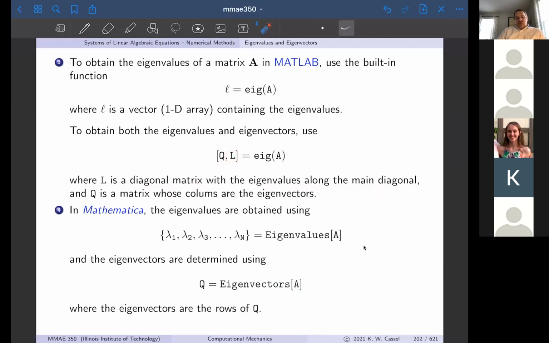It's kind of a strange way to express it. But anyway, that's the way MATLAB does it. So L gives you the eigenvalues along the main diagonal of a diagonal matrix. And the Q matrix is going to be a matrix whose columns are the eigenvectors. So the first column of Q is U1. The second column of Q is U2. Third column of Q is U3, and so forth.